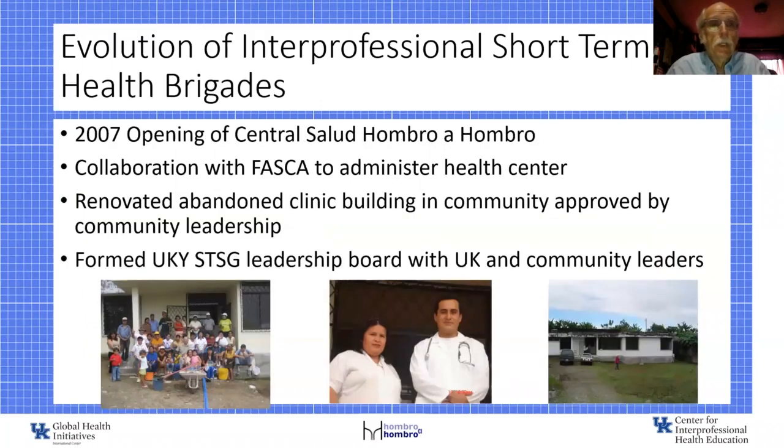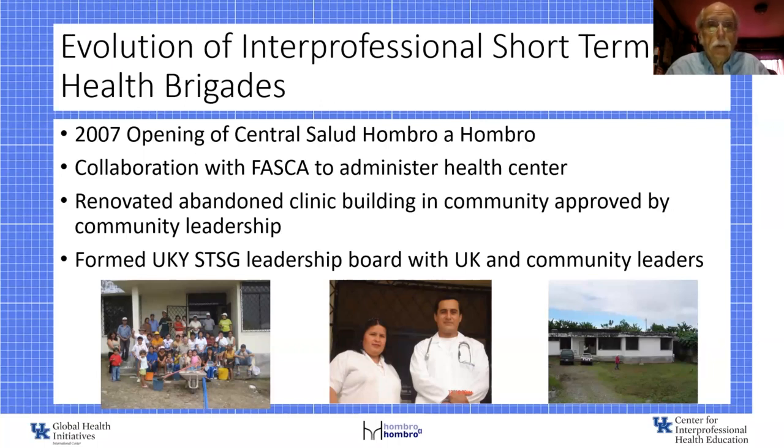Next slide. So we were fortunate to finally be able to open up the Centro de Salud Hombro, which is in Santo Domingo, Ecuador, in 2007. This was initially done in partnership with a Catholic social service agency called FOSCA. And now this has evolved over to our own nonprofit called Hombro.